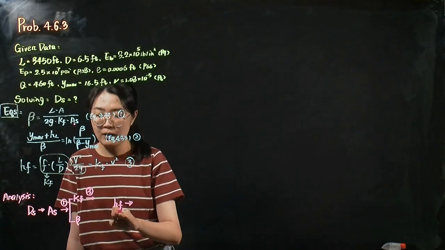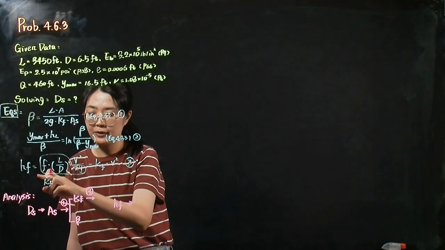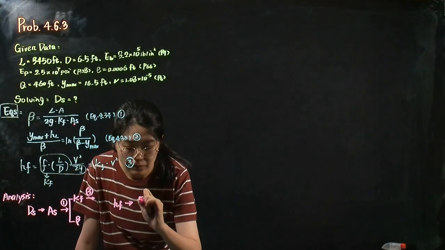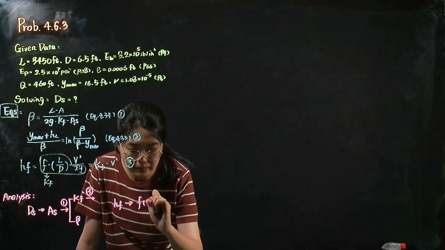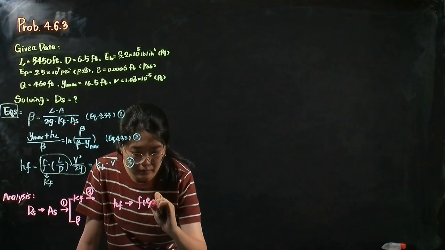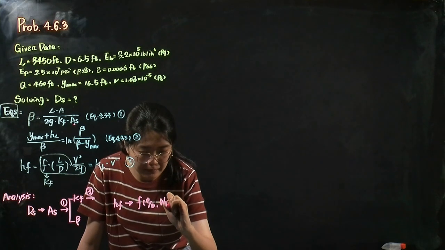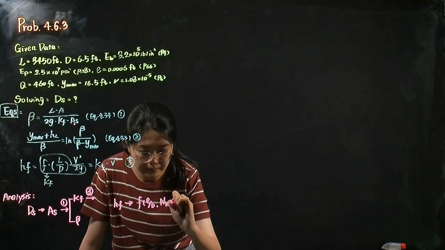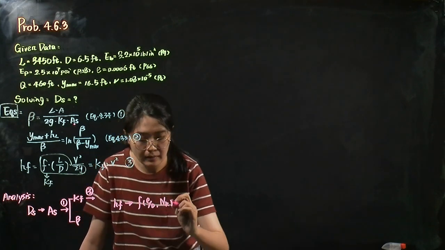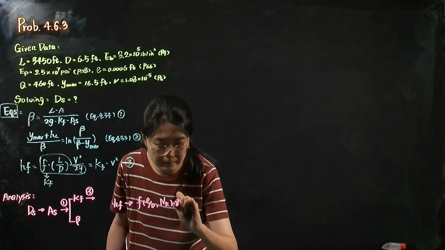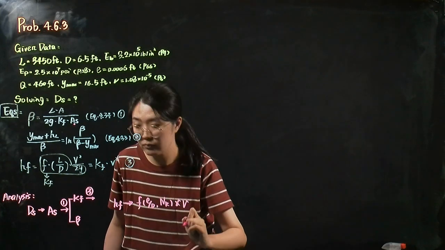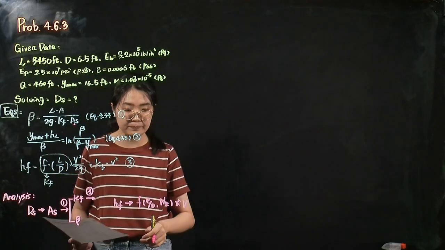And the friction loss is based on the friction factor, which is related to the relative roughness, the Reynolds number, and also the velocity.